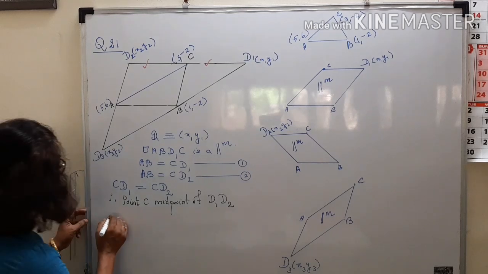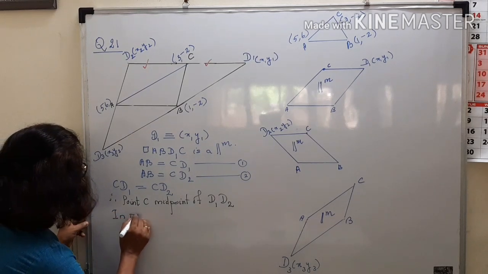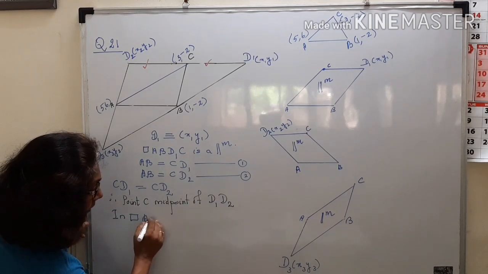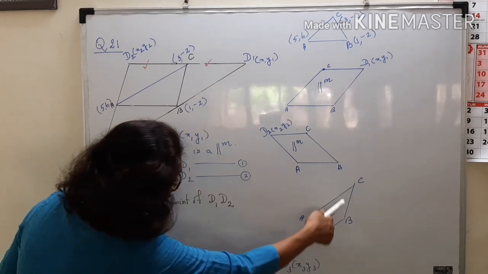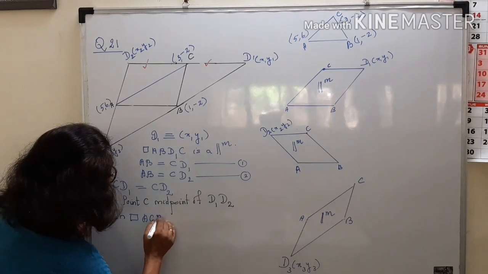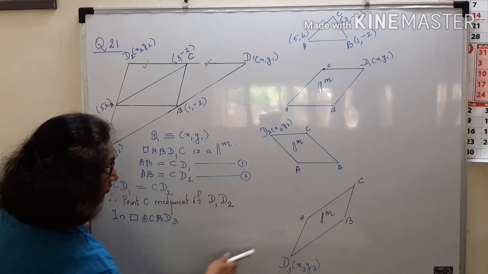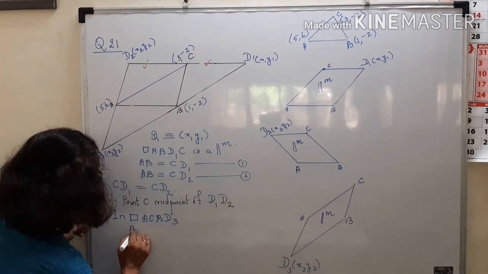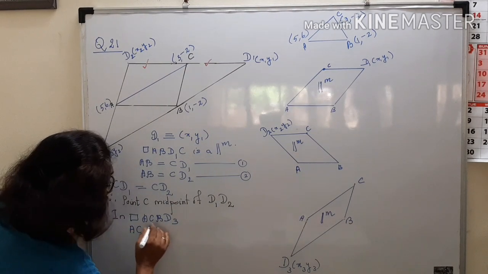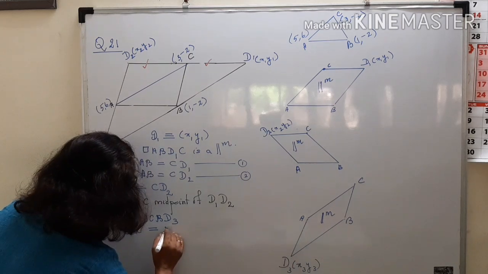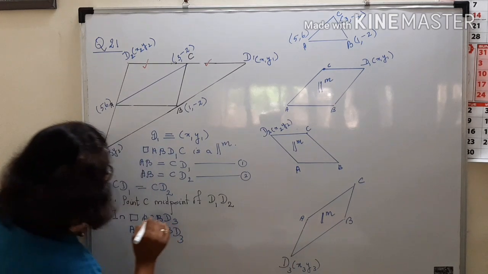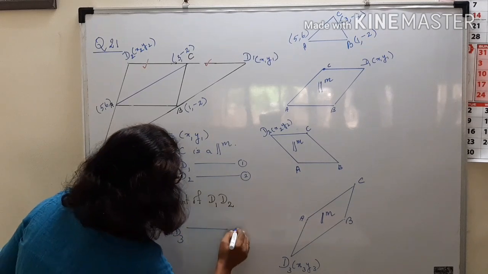So for the quadrilateral, in quadrilateral A, C, B, D3, I take AC congruent to BD3.